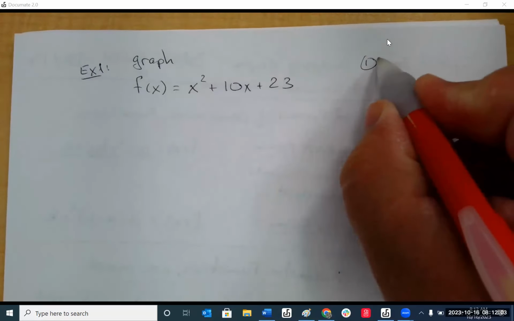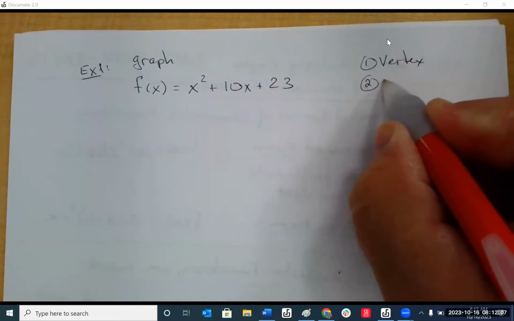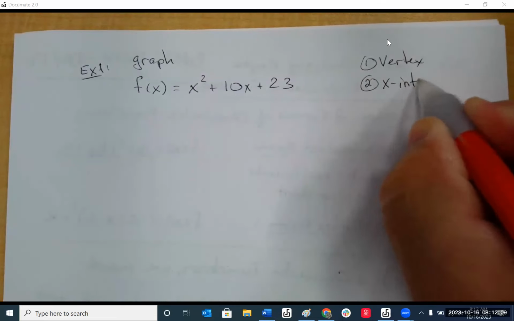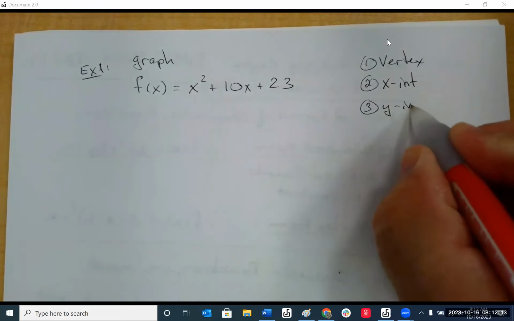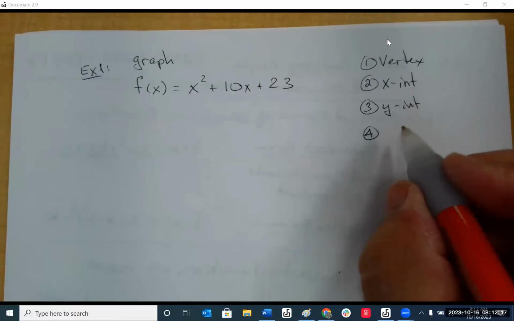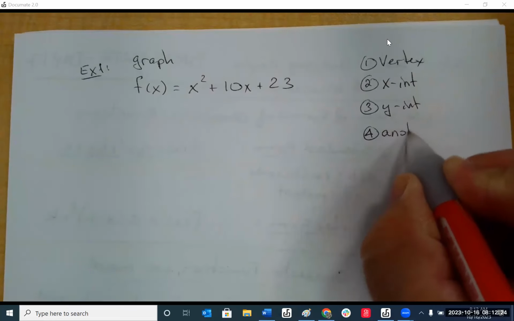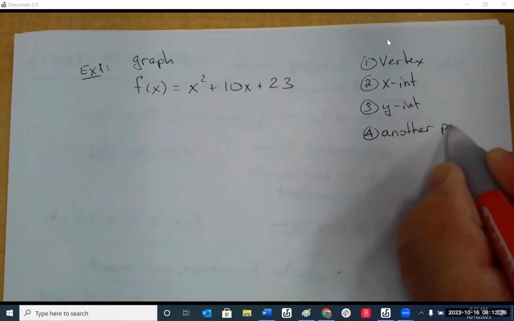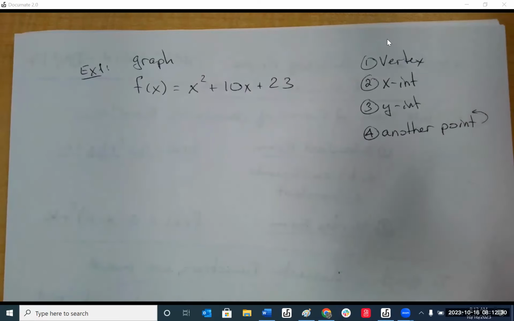Remember, we want to know the vertex. We want to know the x-intercepts. We want to know the y-intercept. We want to know another point related to the y-intercept.